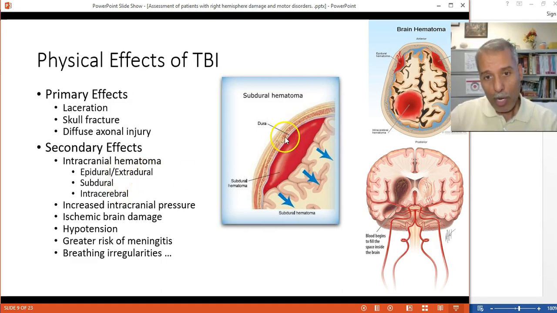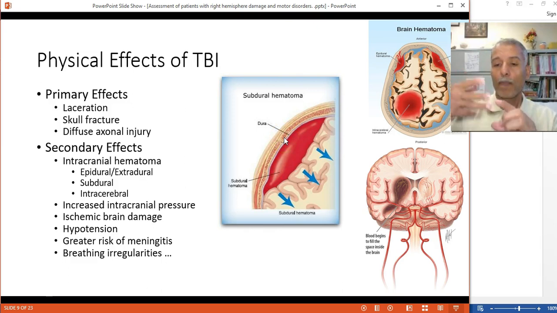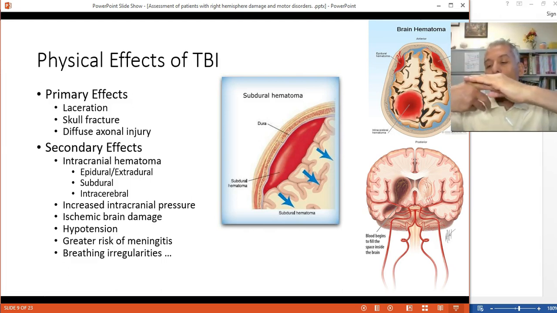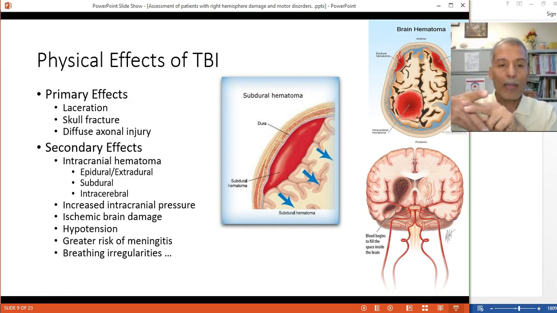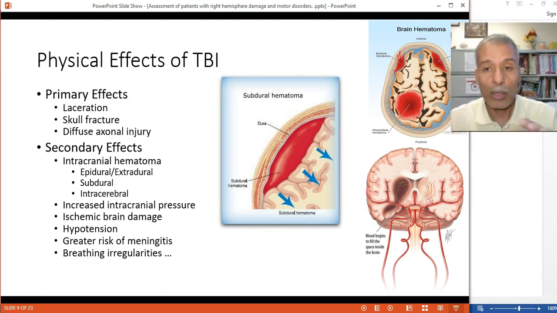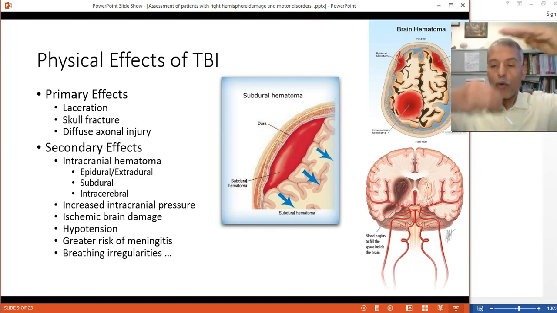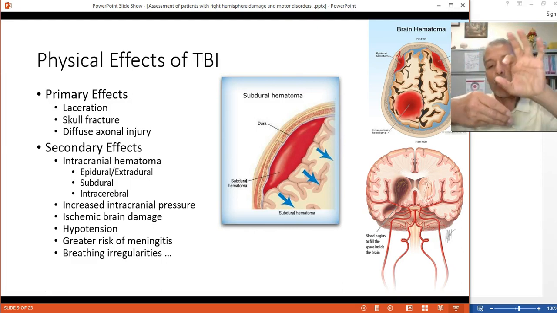So the dura mater, remember the three little layers that cover the brain: dura mater, arachnoid membrane, and the pia mater. So when you say epidural, it means that the dura mater is actually separated from the skull, and the blood accumulates between the skull and the dura mater.